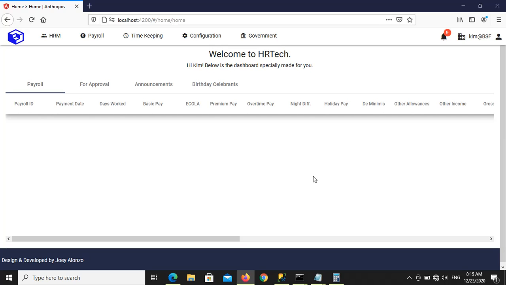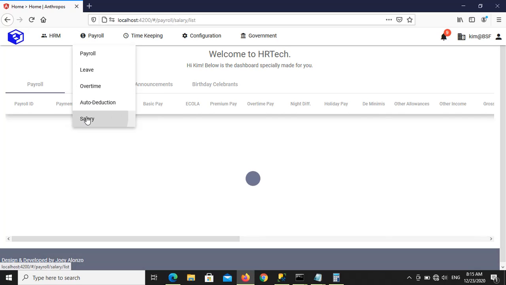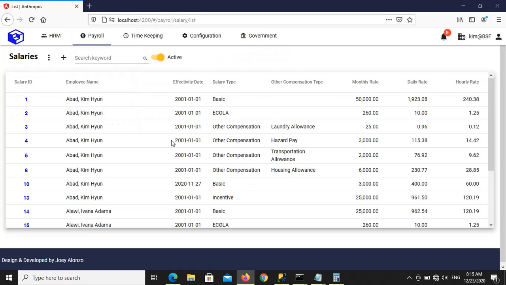To go to salary, all you have to do is to go to payroll and then salary. Once you go to salary, it will display all the salaries that were already entered in the system. To enter a new salary, you click add new record.